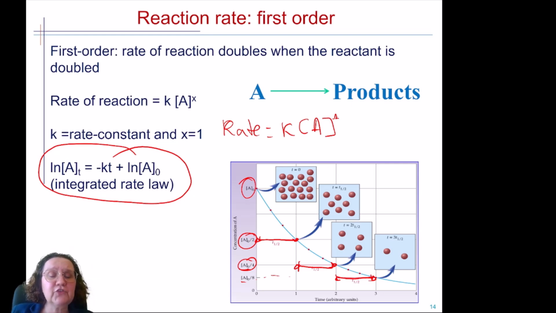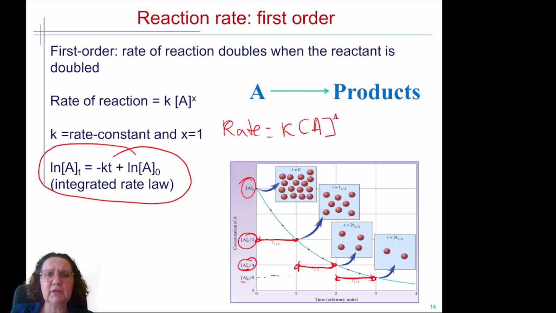At the moment, let's just have a look at that equation. You have the logarithm in base e, that's what the ln means, of the concentration of the reagent at any particular time, equals minus kt, k a constant, t the time, plus the logarithm in base e of the initial concentration of that reagent.